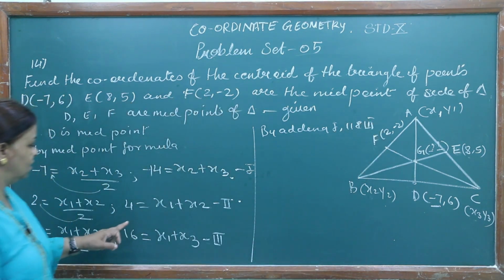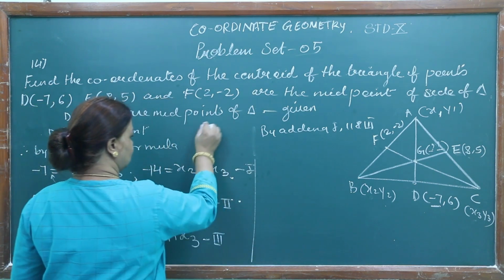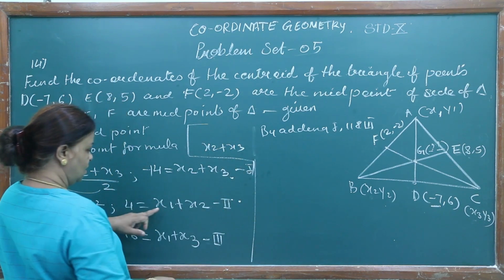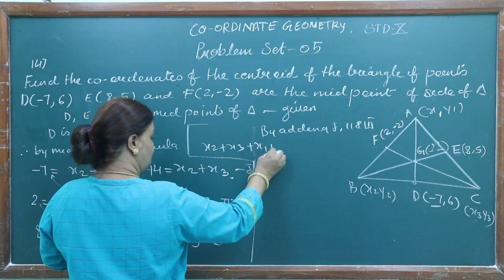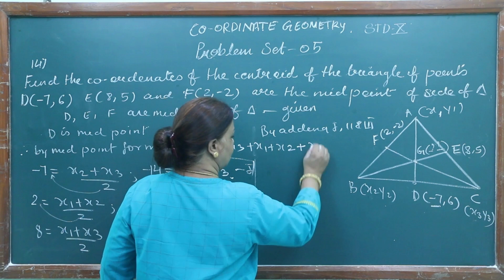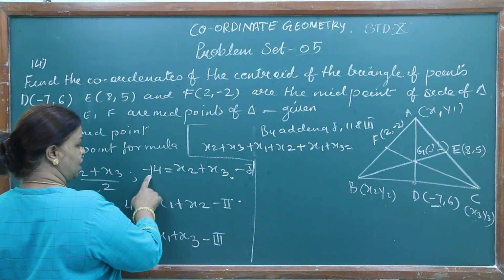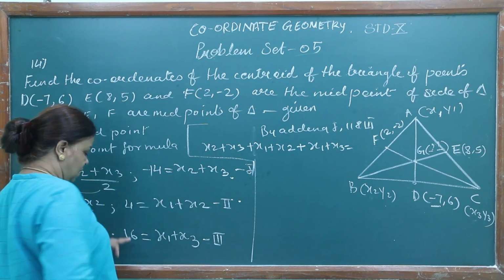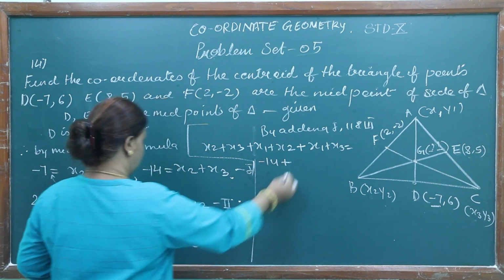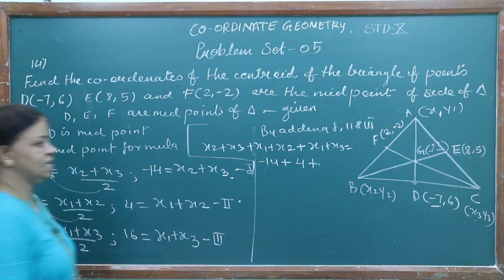What am I getting? x2 plus x3 plus x1 plus x2 plus x1 plus x3 is equal to what? Minus 14 plus 4 plus 16.